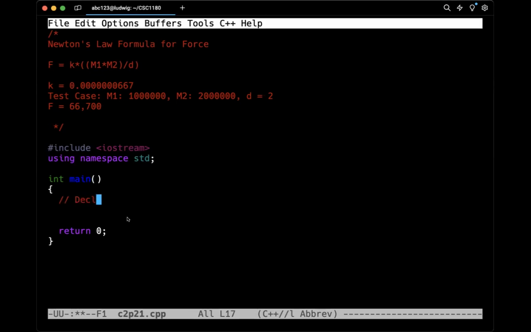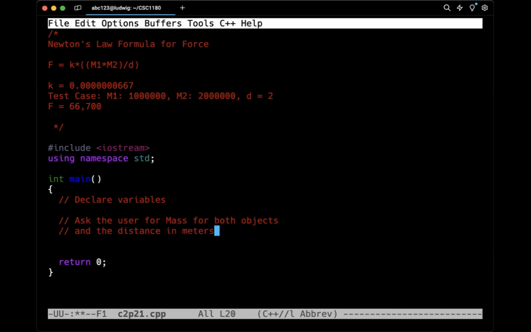First we have to declare our variables. Then we have to ask the user for, if you read the problem, the two masses and the distance between them. So say the mass for both objects, distance, say meters.